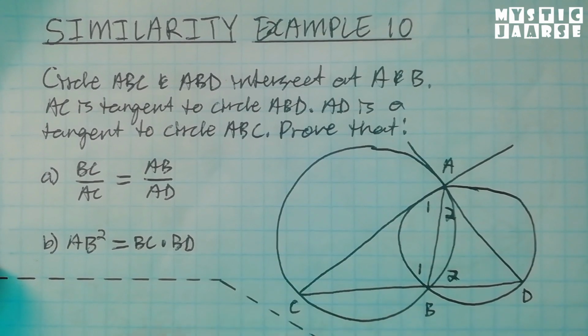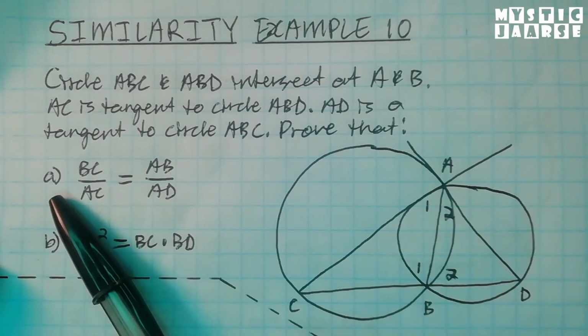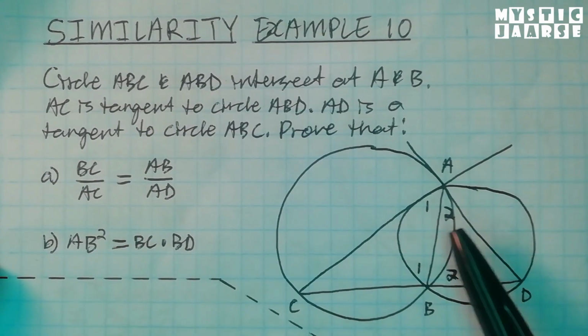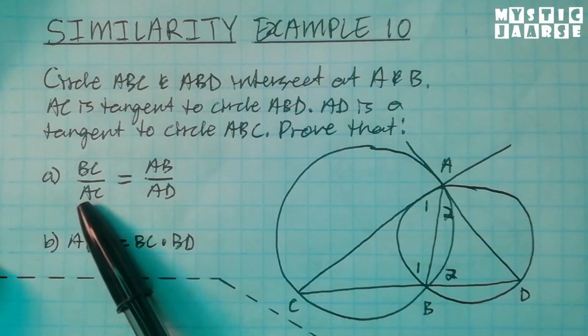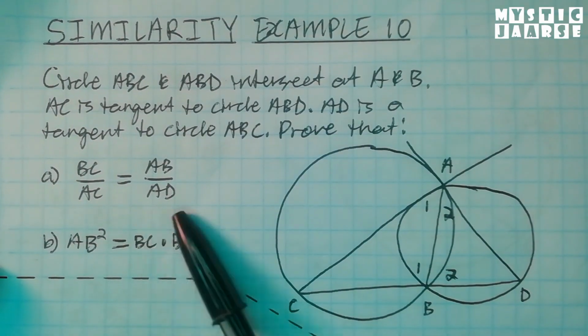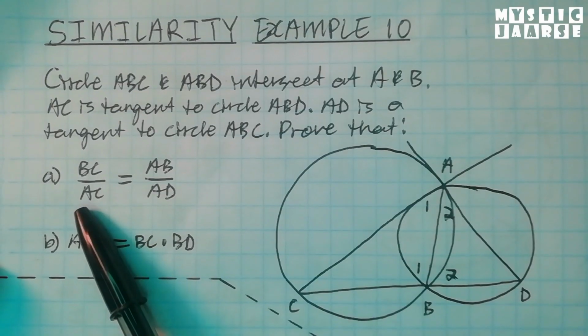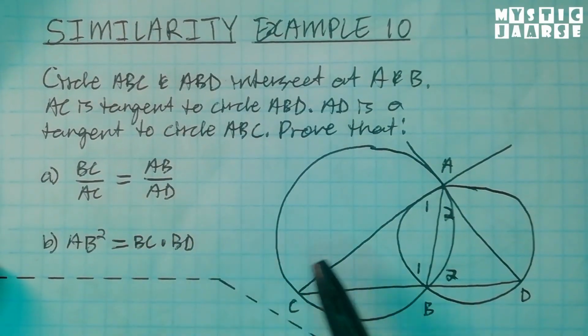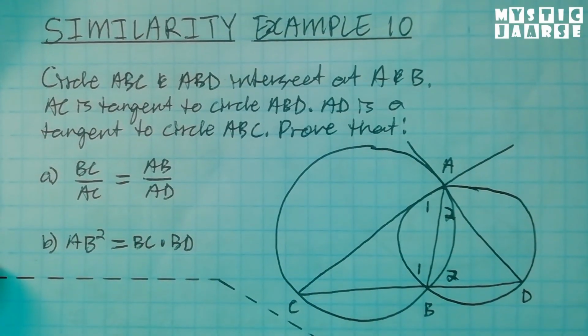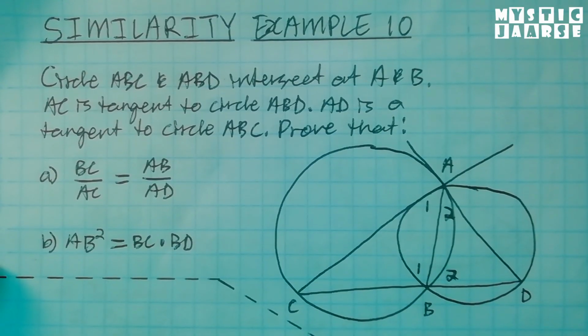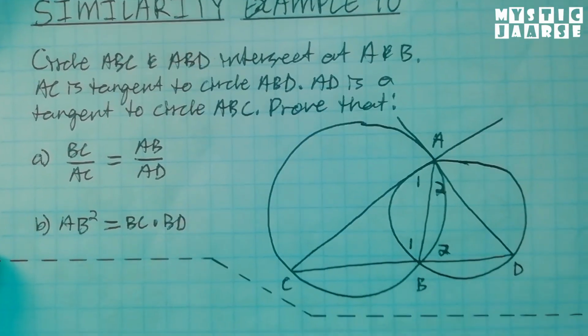But in this question, they just skip the part where we have to prove that these two triangles are similar, and they ask us to prove that the corresponding sides are in the same proportion. So in order for us to answer this, we need to prove that the two triangles are similar, and we need to figure out ourselves which sides are proportional. This is how we do it.